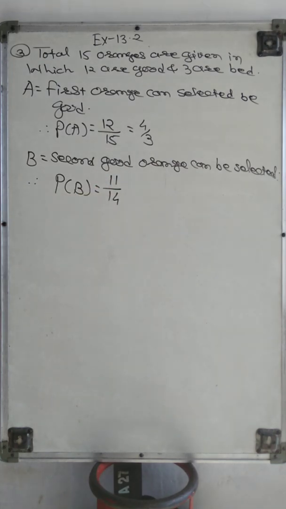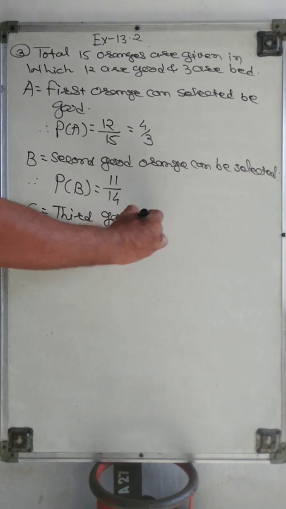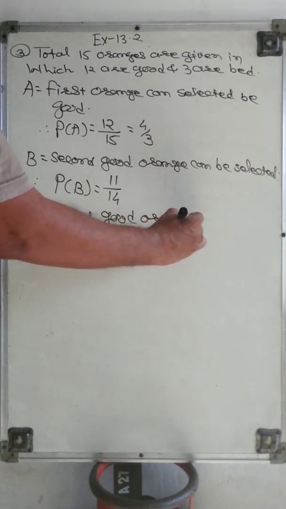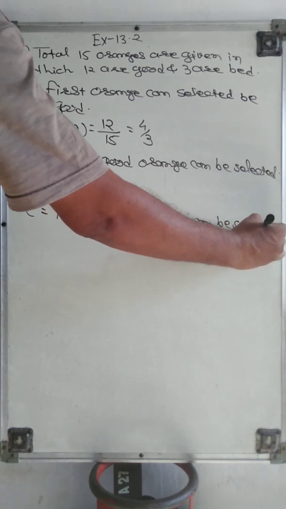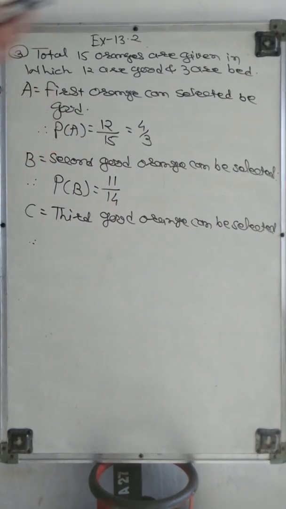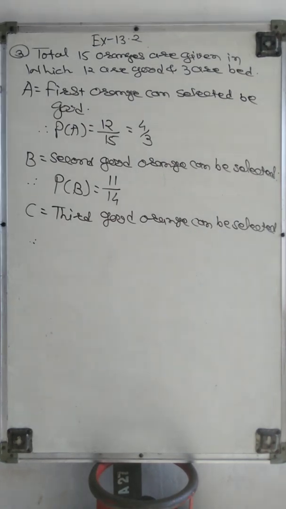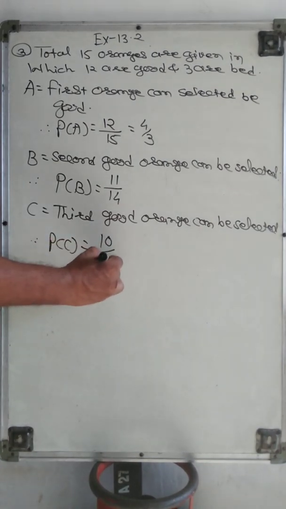This is our second. Now C is that the third good orange can be selected. Here two good oranges are removed out of 12, so 10 are left and total 13 are left. So P(C) is equal to 10 by 13.